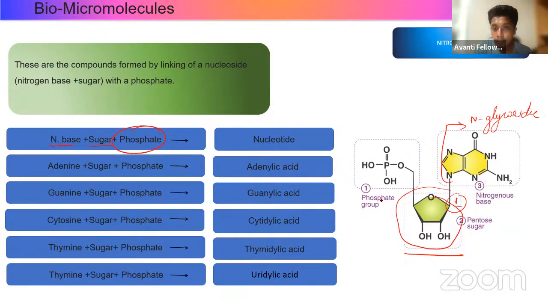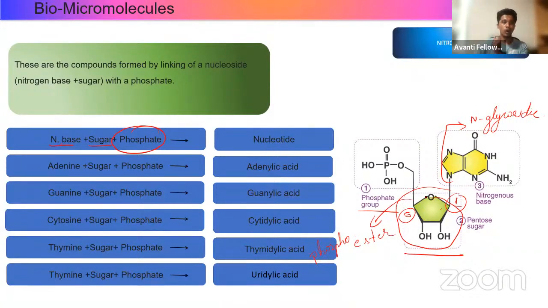Look at here. To the fifth carbon atom of your sugar, a phosphate group gets attached. When a phosphate group is attached to the fifth carbon atom, through what bond do they attach? Through an ester bond. So usually we call it a phosphoester linkage.